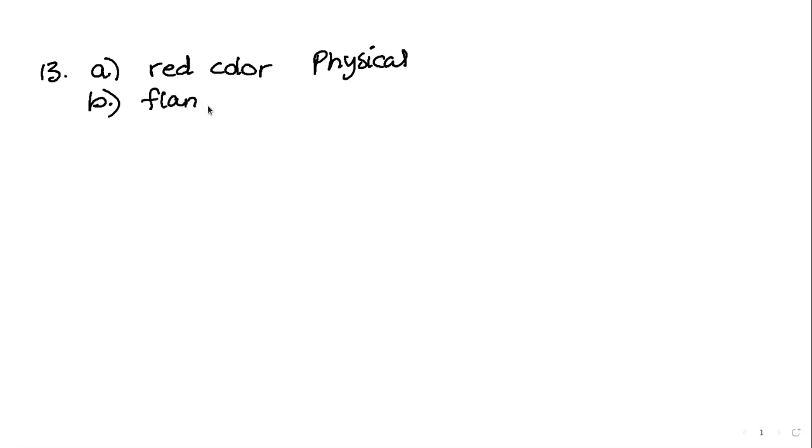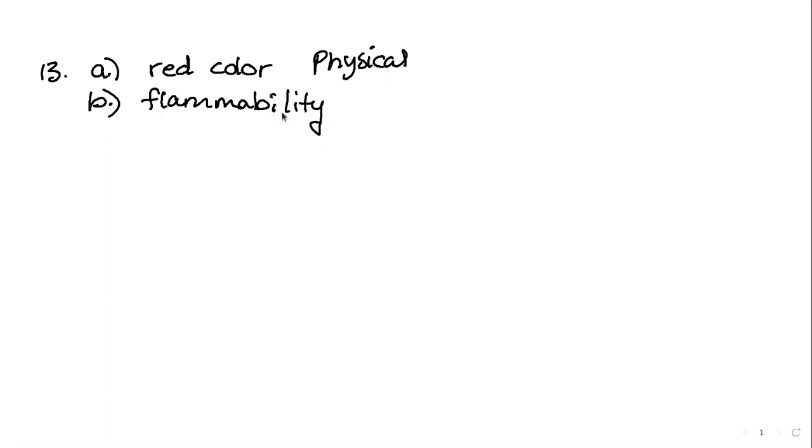We have to decide if all these things are a physical property or if they are a chemical property. So we have red color. Well, the color is something we see and it doesn't change just by looking at it, so it's physical. Okay, B is flammability. Flammability means how does it burn?